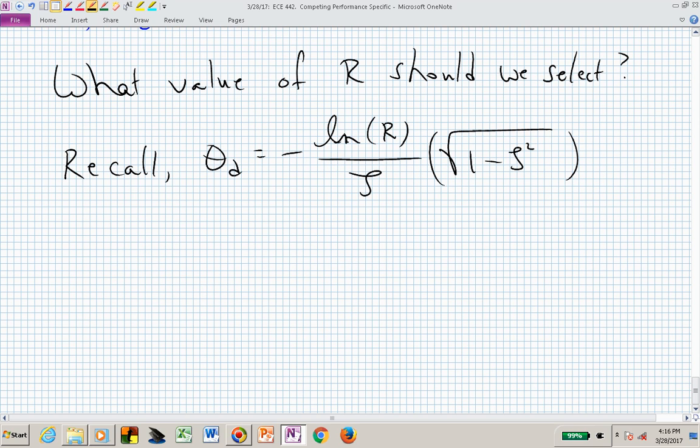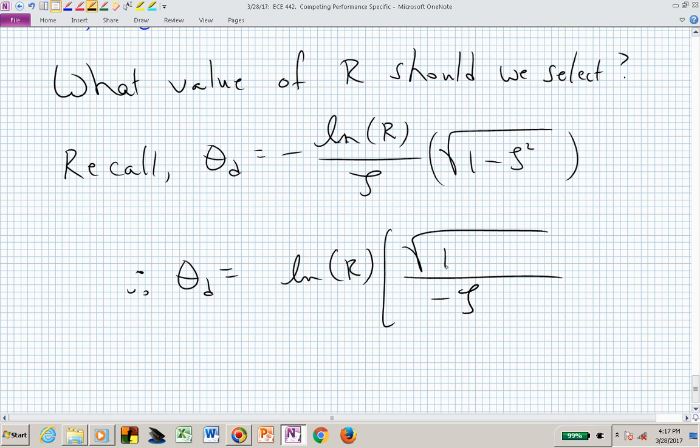Well, we can slide things around on that right-hand side. Let me take that negative sign inside and put it downstairs with the zeta, so that I now have minus zeta downstairs, and upstairs I have the square root of 1 minus zeta squared.